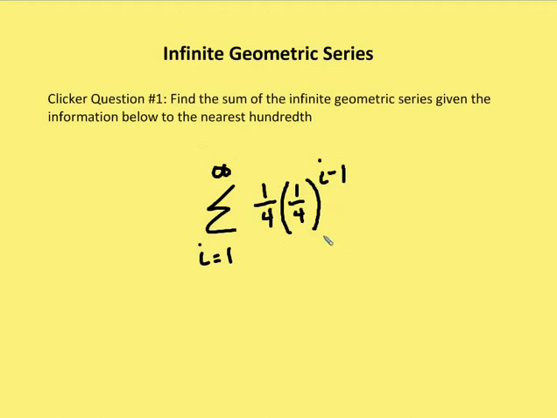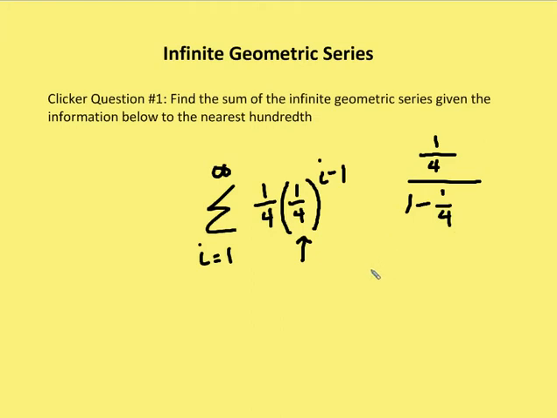In the next problem, we have a similar problem, but with different values. So we take our rule again, a sub 1, which in this case is going to be 1/4, because when i is equal to 1, 1 minus 1 is 0. 1/4 to the 0 is equal to 1, and 1/4 times 1 is equal to 1/4. So my first term is 1/4, and that's divided by 1 minus my constant ratio of 1/4.